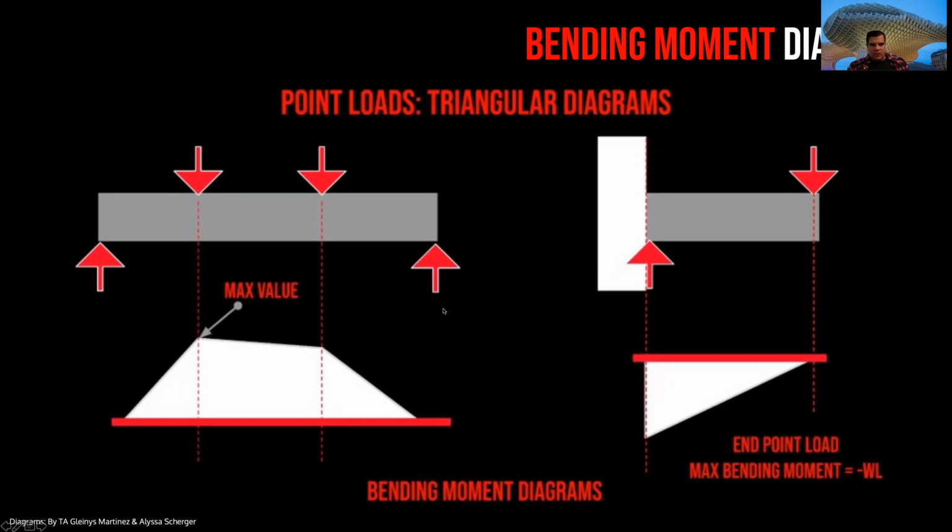But the maximum value can be positive or negative. If this beam had a different type of forces and became a beam with this form, this will be the maximum number. It doesn't matter that it's negative. That will be the max.